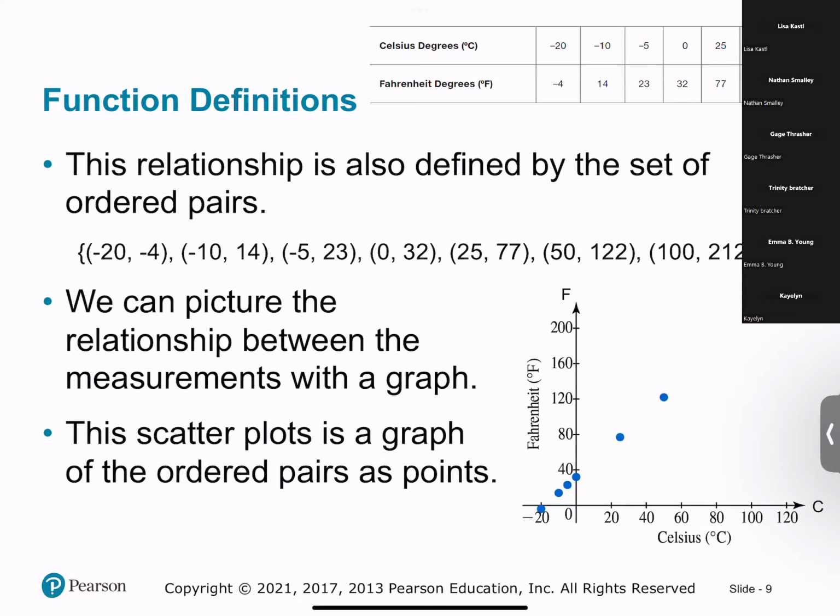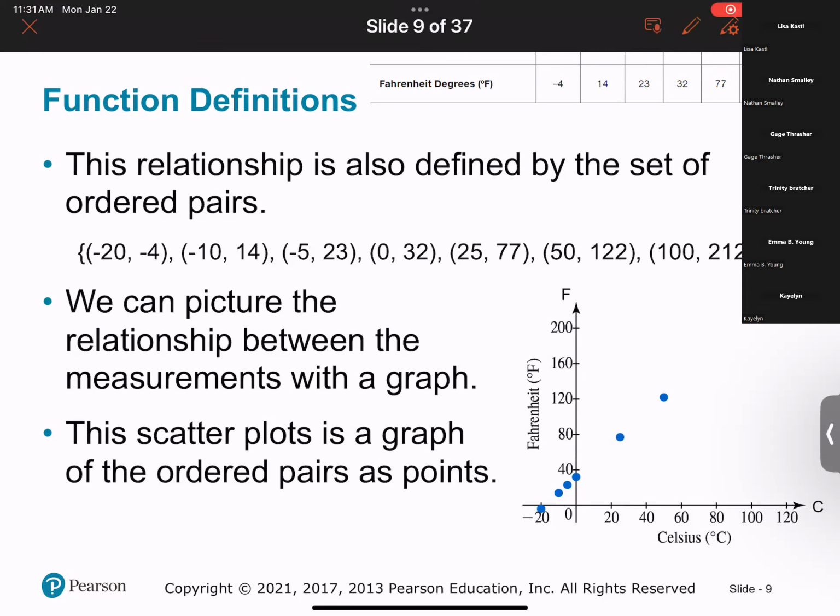We put those two numbers inside parentheses separated by a comma. And you'll notice that we put something outside this list of ordered pairs. We've got these things we call braces. And braces simply tell you that this is a set. That's all it tells you.